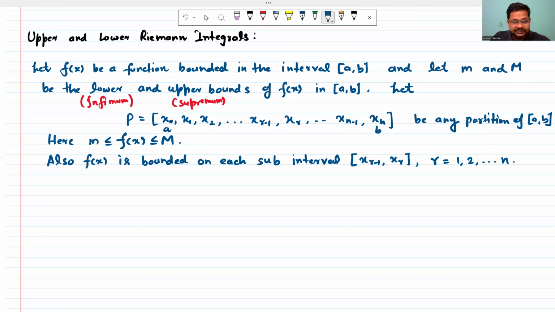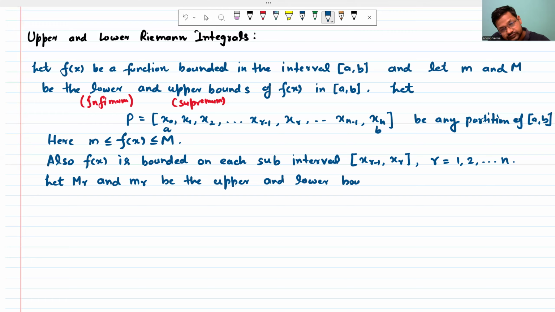So if I'm taking small m r or capital M r as the infimum and supremum in each subinterval, so let capital M r and small m r be the supremum and infimum, the upper and lower bounds of f(x) in this interval x(r-1), xr.